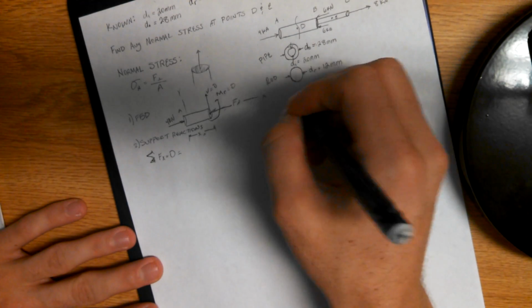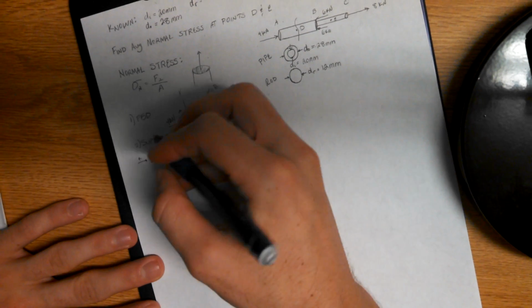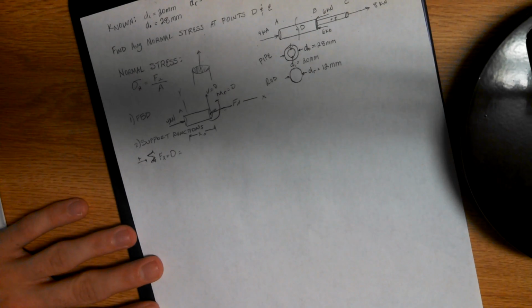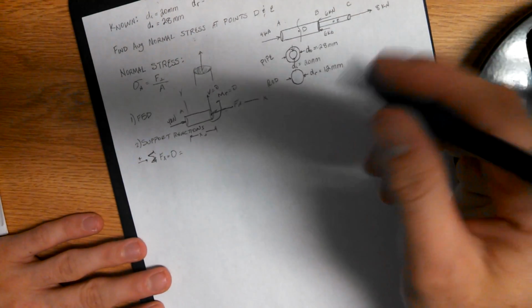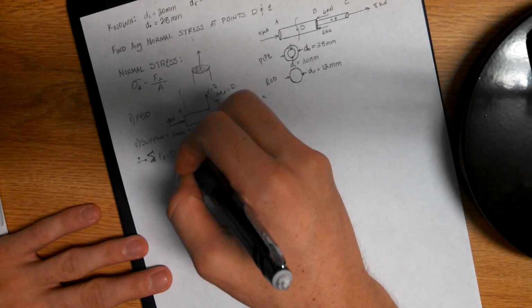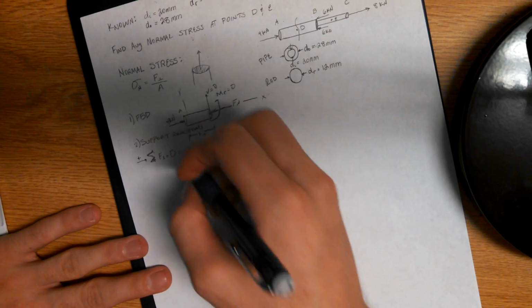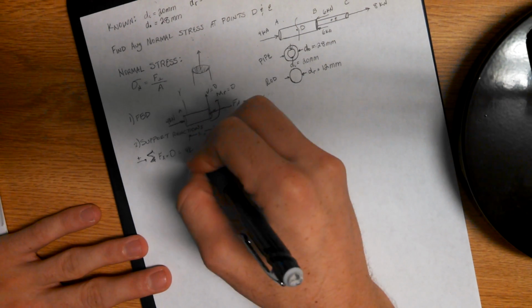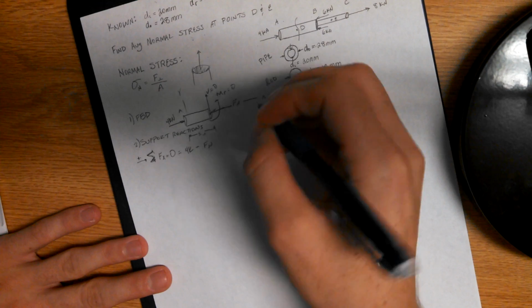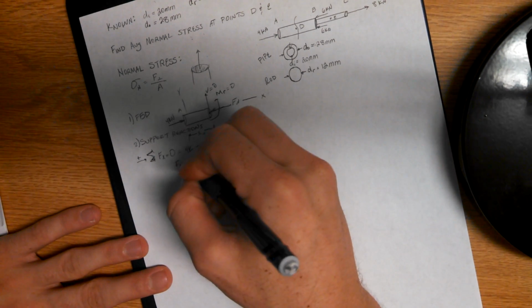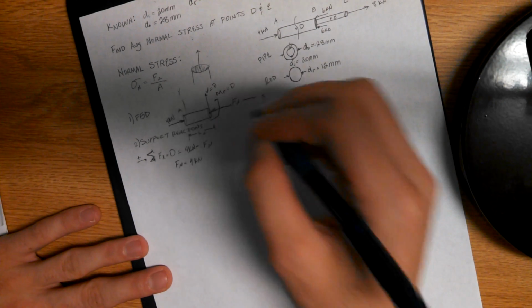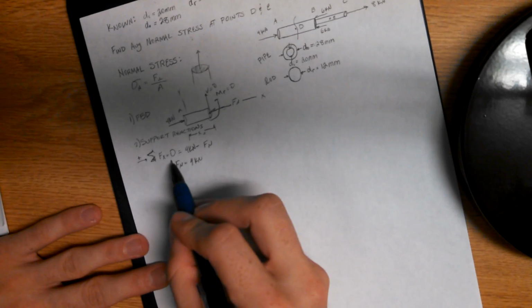We'll call that positive. Make sure to label this positive here. Otherwise, you don't know which way is up or down or left, right. You basically just get lost, and you'll make a mistake. So we know 4 kilonewtons is positive minus Fn equals 0. Fn is equal to 4 kilonewtons. Write that in there.